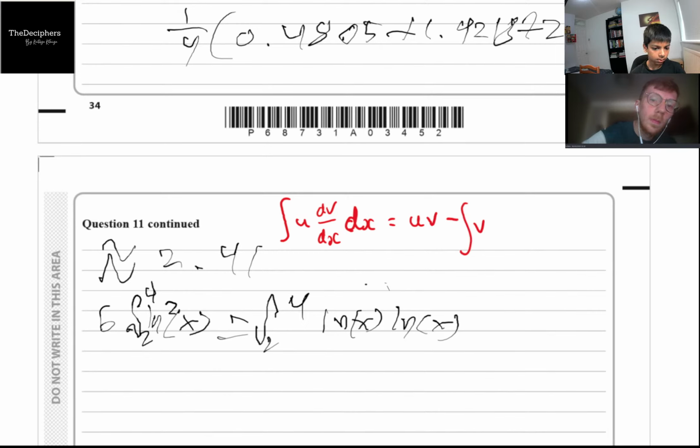So the integral of u dv dx is equal to uv minus the integral of v du dx. So it's just left, integrate, derivative, integrate or something like that.